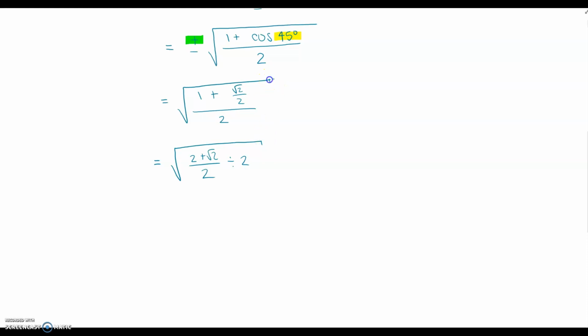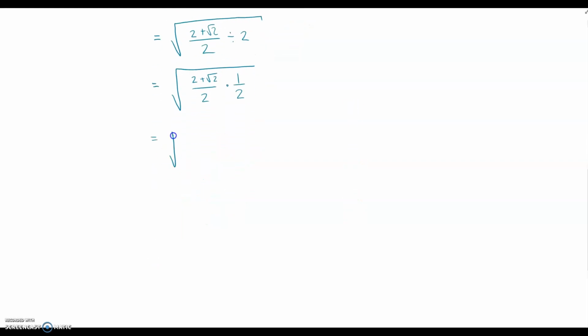Same thing as multiplying by 1/2. Don't forget your square root. Students tend to drop that. So this is the same as the square root of 2 plus root 2 all over 4.